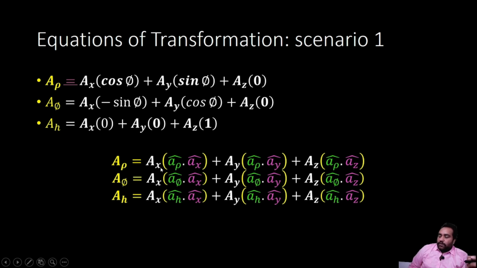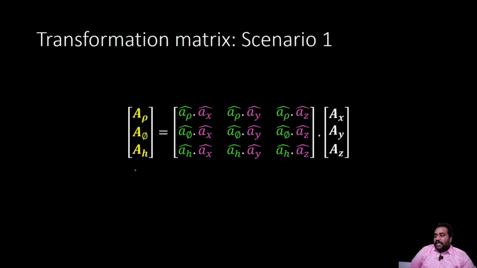So now, if I try to construct a matrix out of it, this unknown matrix is a 3 by 1 matrix, and the known matrix is also a 3 by 1 matrix consisting of ax, ay and az, and this would be giving me a 3 by 3 matrix, the terms which are in yellow braces. So if I construct the matrix, that would be looking like this.